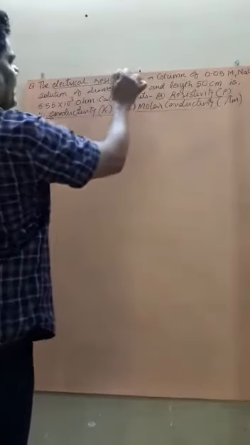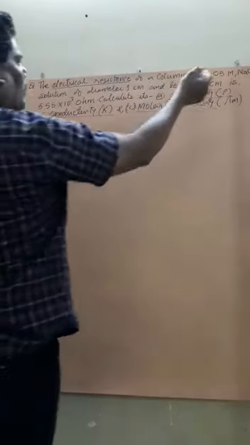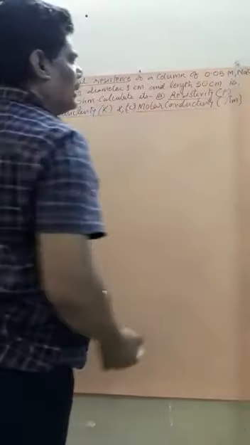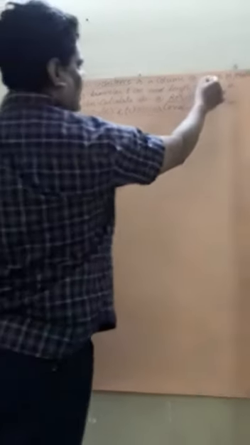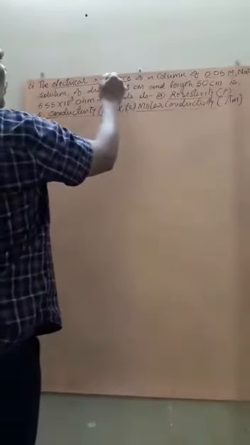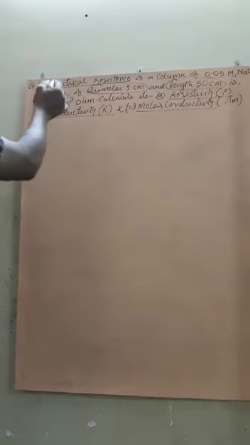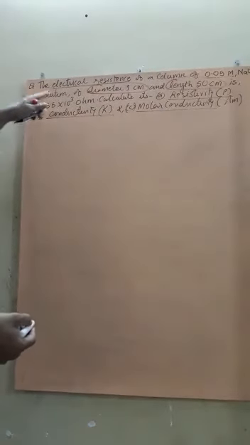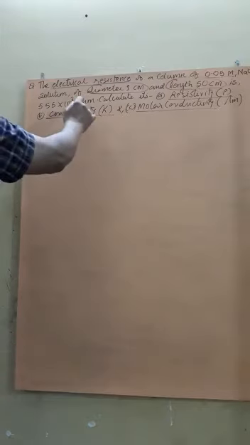What is the numerical? The electrical resistance of a column of 0.05 M NaOH solution of diameter 1 centimeter and length 50 centimeter is 5.55 into 10 to power 3 ohm.